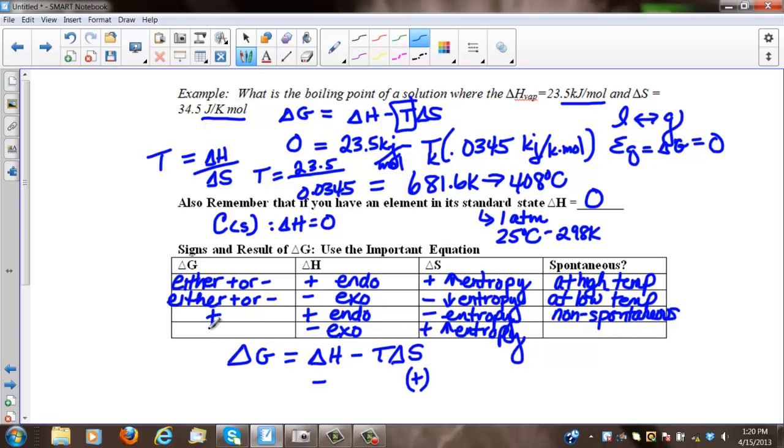Therefore, I will wind up with a negative answer, and it will always be spontaneous. So the best way to understand this chart is to actually use the equation and think about different values in the equation to predict whether or not the specific criteria that you're given will wind up leading to a spontaneous or non-spontaneous reaction.